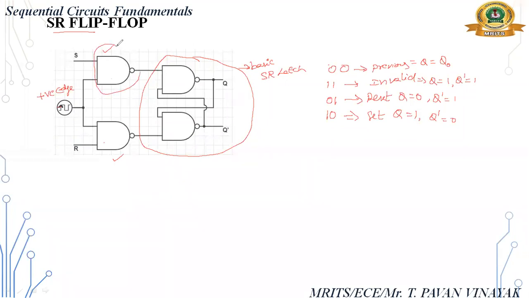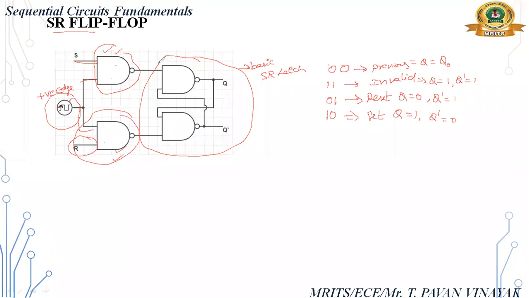To the first NAND gate we give S and the clock signal. To the second NAND gate, we give the clock signal and R. Based on the clock signal only, we transmit the outputs from these NAND gates to here.